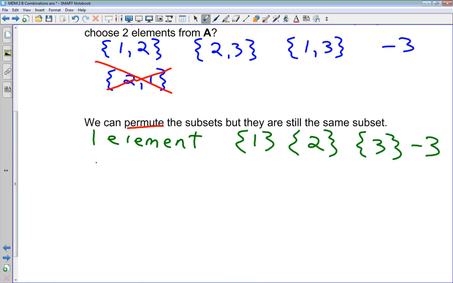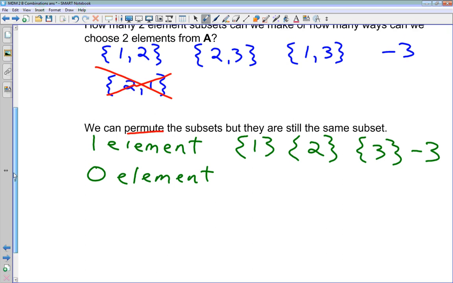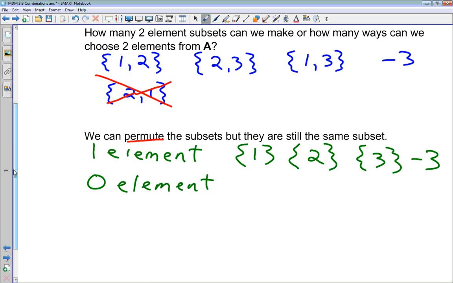What if instead we wanted a subset that had no elements in it? Oh, there's only one possibility. There's only one subset that has nothing in it.